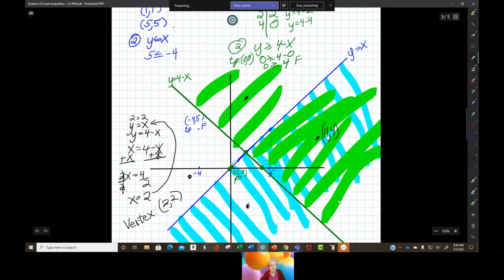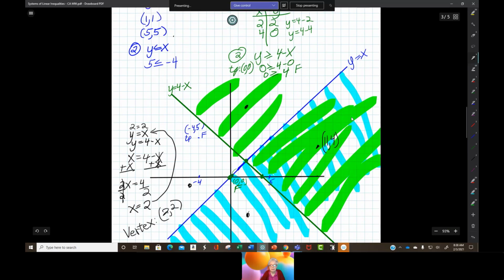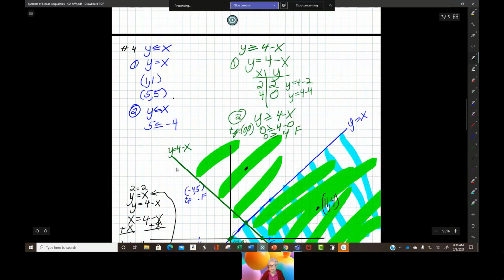If I test that in both of these, we've got the point 11, 4. Then y is less than or equal to x, you'll have 4 is less than or equal to 11, which is true.